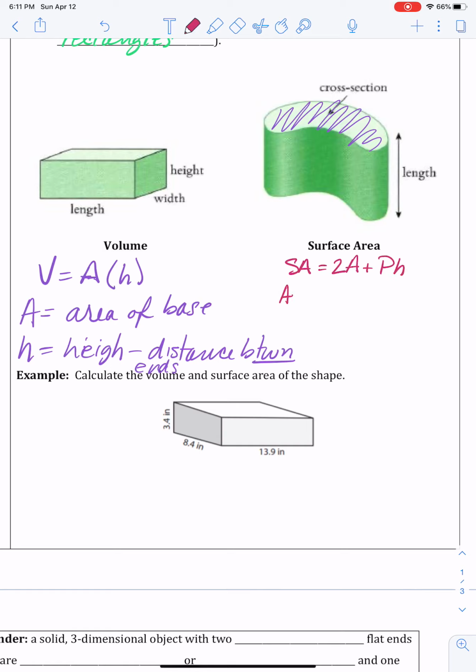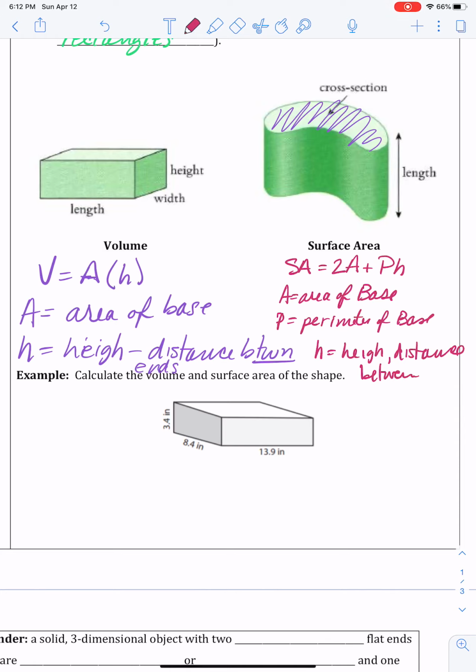So again, A equals the area of the base, P equals the perimeter of the base, and h is the height or the distance between bases.